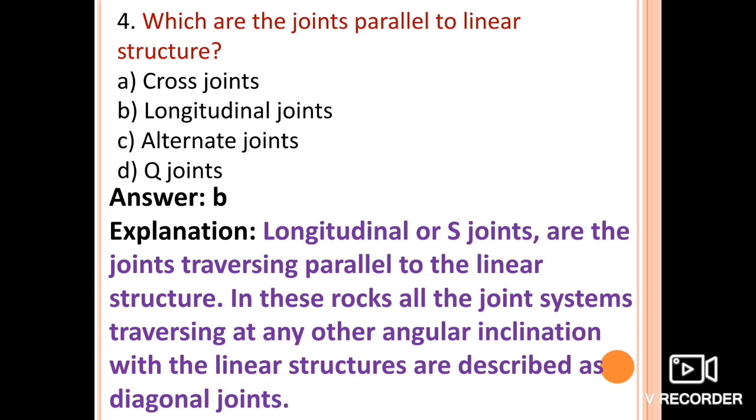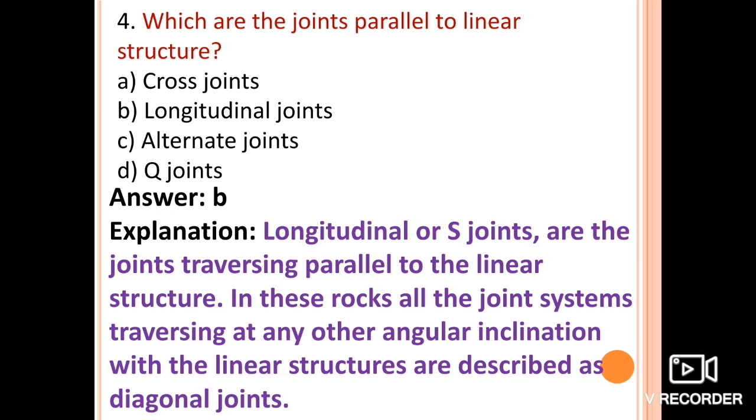In these types of rocks, when the joint systems traverse at any other angular inclination with the linear structure, they are described as diagonal joints.